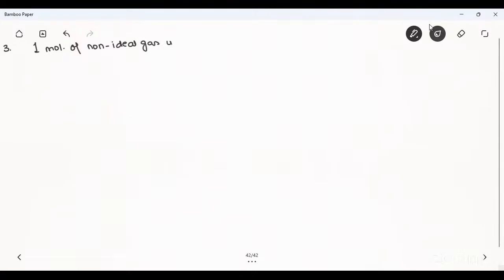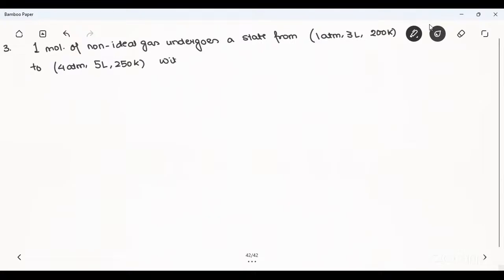A non-ideal gas undergoes a state change from 1 atm, 3 liter, 200 kelvin to 4 atm, 5 liter, 250 kelvin with a delta U of 40 liter atm. Find delta H.